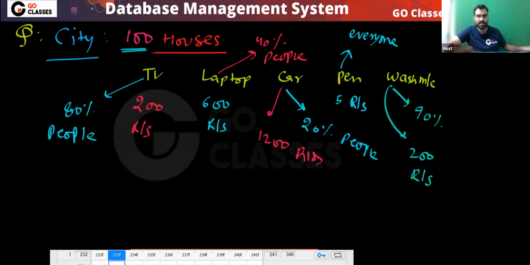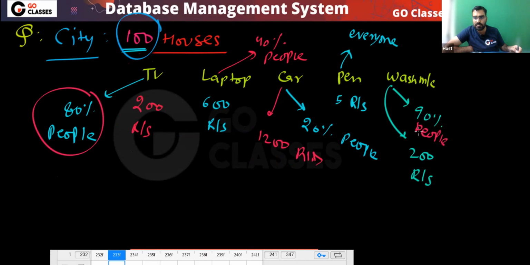So this is the data that is given to you. Now you tell me what is the average cost of one house. Did you understand this question? There are 100 houses. These are the items. 80% people have this. 90% people have a washing machine. Can you notice this is a simple aptitude question?